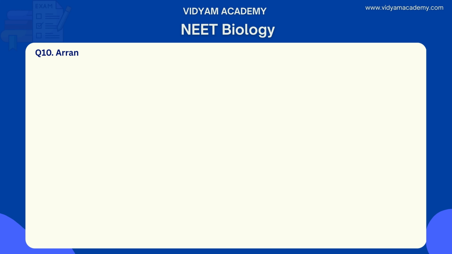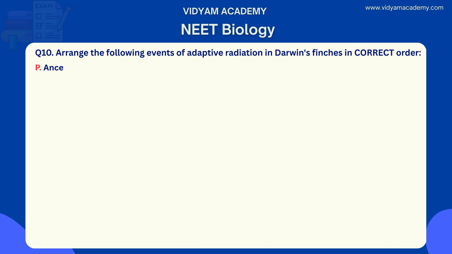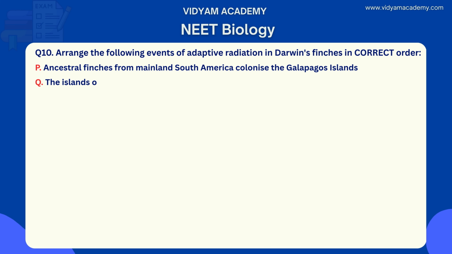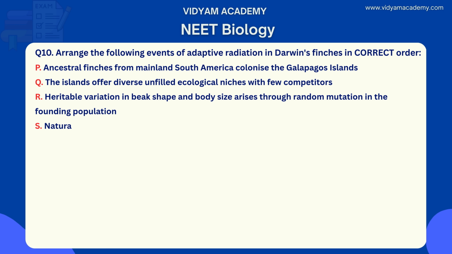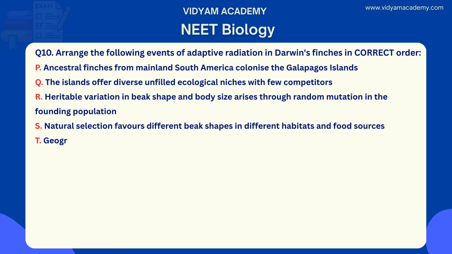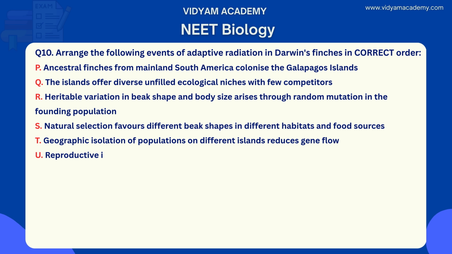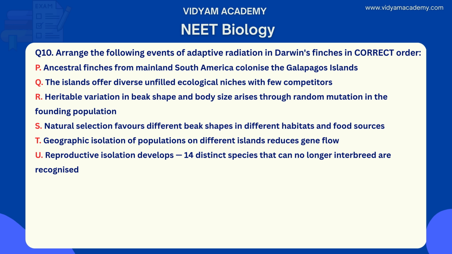And the final question of this topic. Question number 10: Arrange the following events of adaptive radiation in Darwin's finches in the correct order. P: Ancestral finches from mainland South America colonized the Galapagos Islands. Q: The islands offer diverse unfilled ecological niches with few competitors.